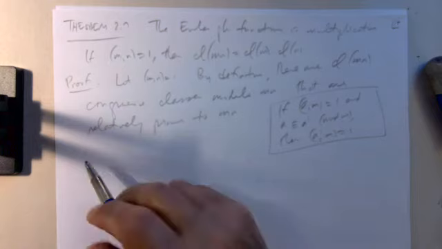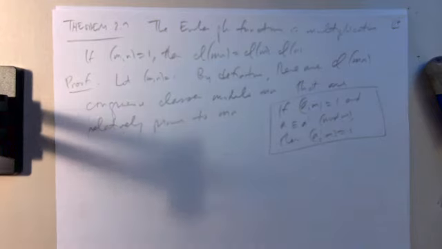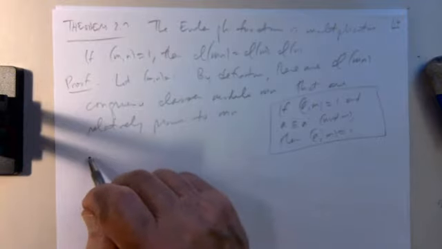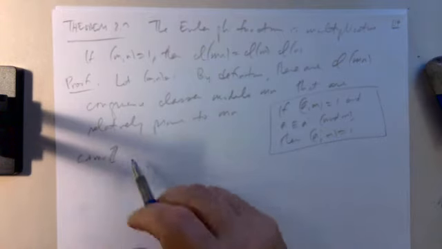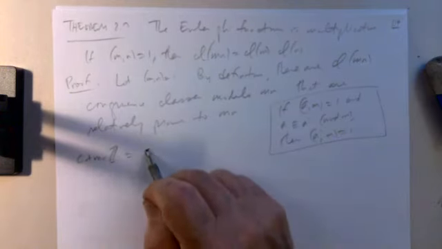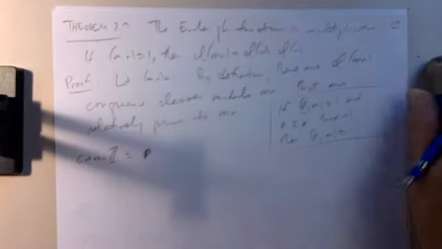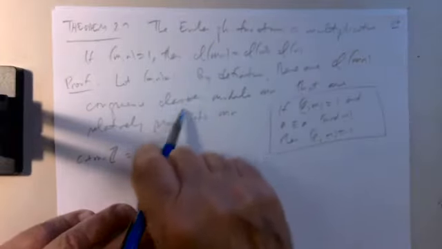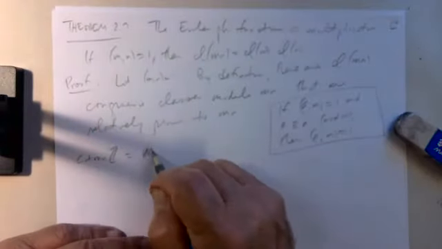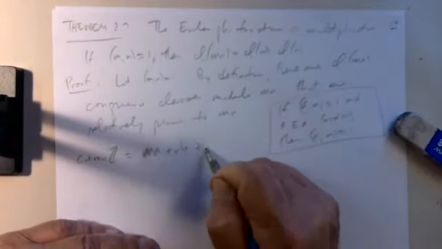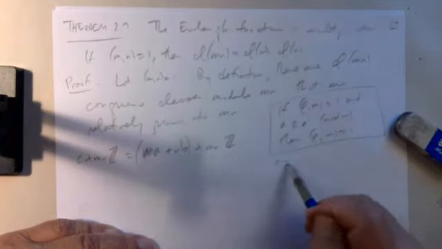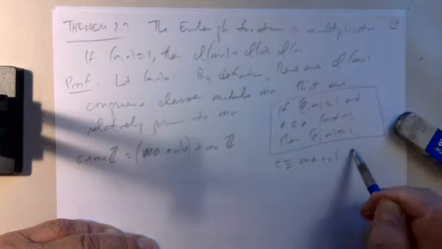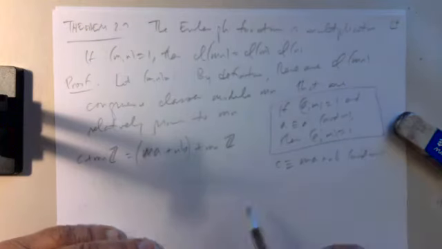But every congruence class can be represented uniquely in this form. So if you take C plus MNZ, you can write C as MA plus NB plus MNZ, where C is congruent to MA plus NB mod MN.